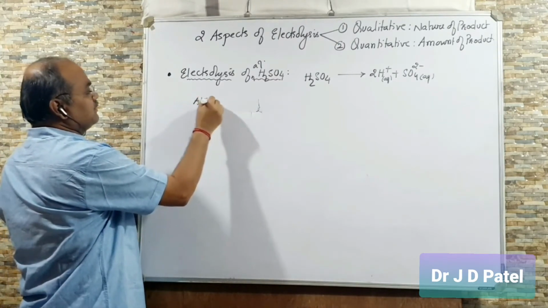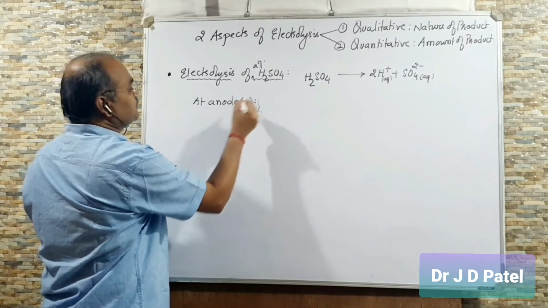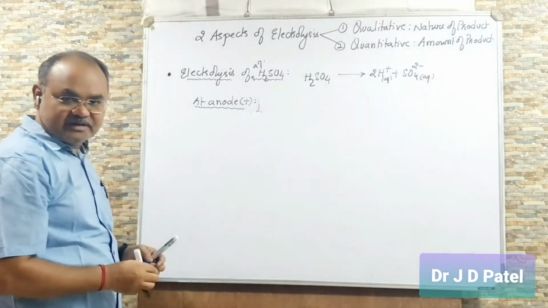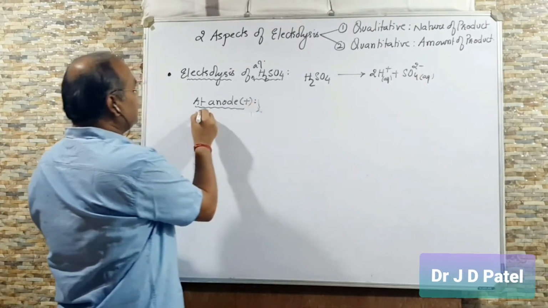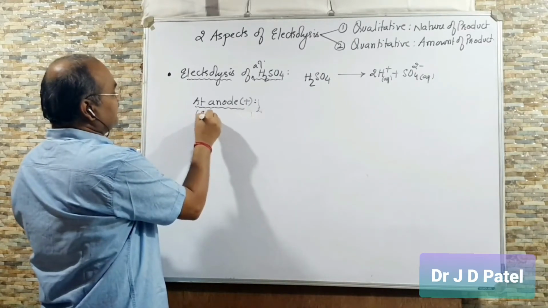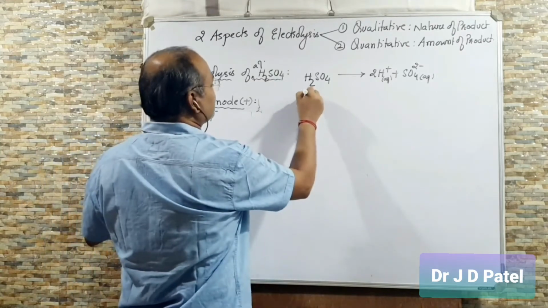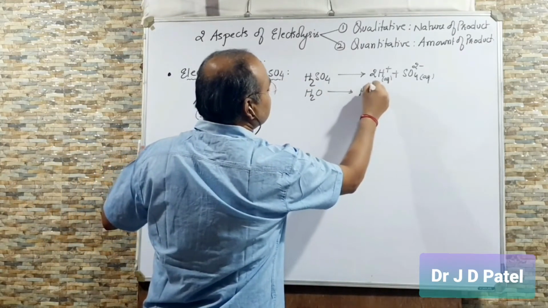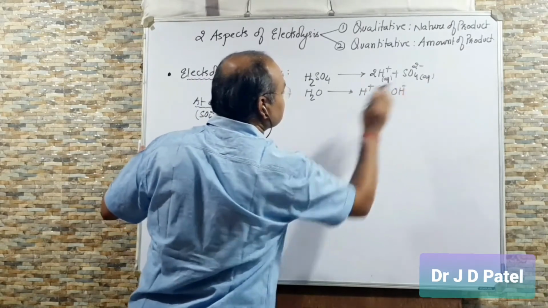So here at anode, which is positive, two possibilities are given in our book. One is the negative ion SO4 2 minus will come. And if you talk about water, then water also gives H plus and OH minus.